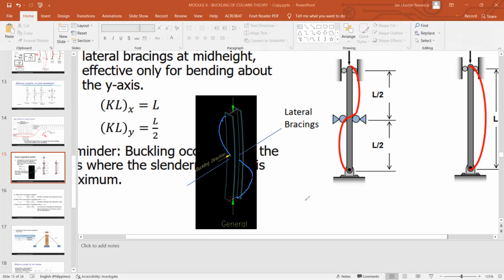So that is the purpose of lateral bracing.